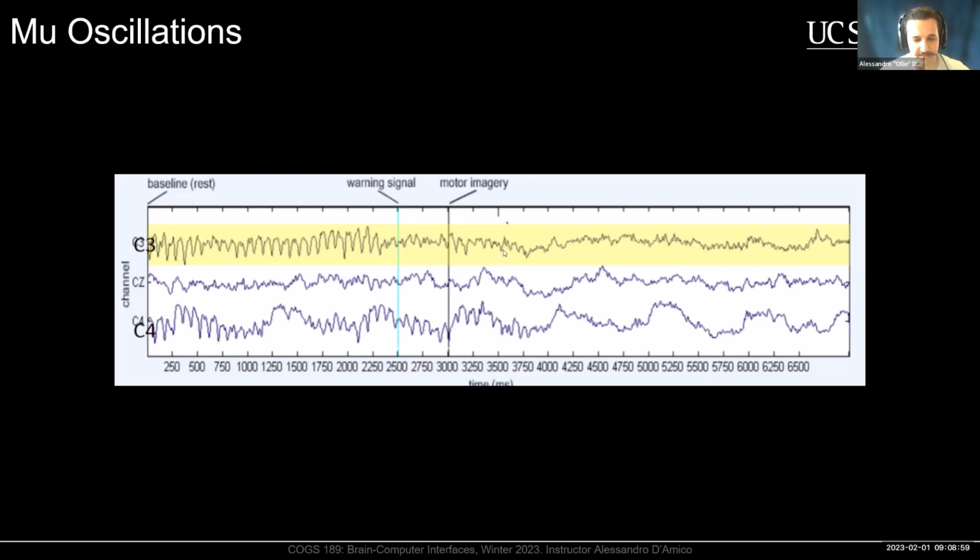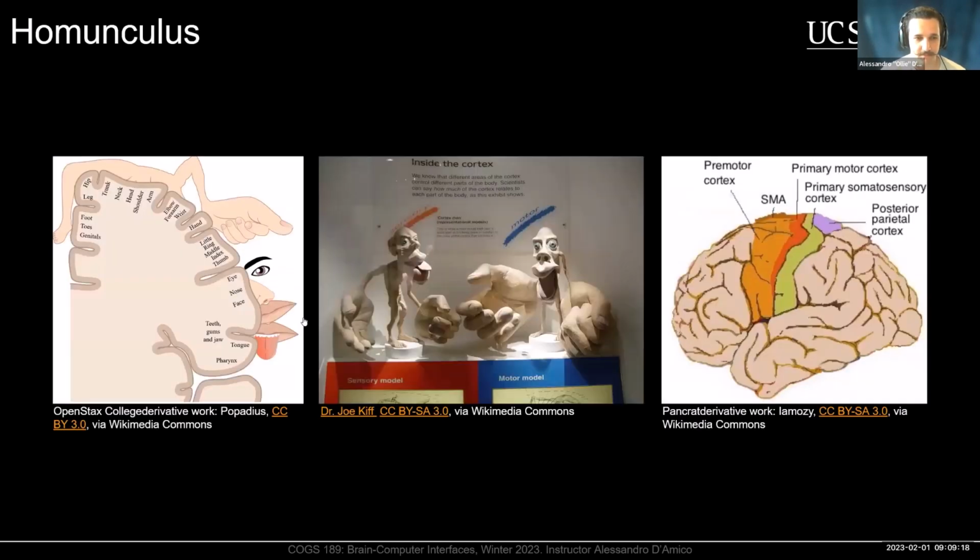So you will see a difference not only in alpha, but also in beta when people perform motor imagery, or also when they do some sort of voluntary movement, or even if they watch somebody else do a movement. And these oscillations are quite robust, and they're also quite old.